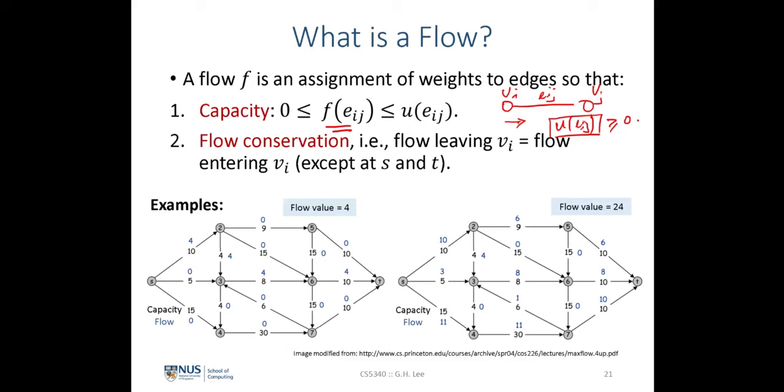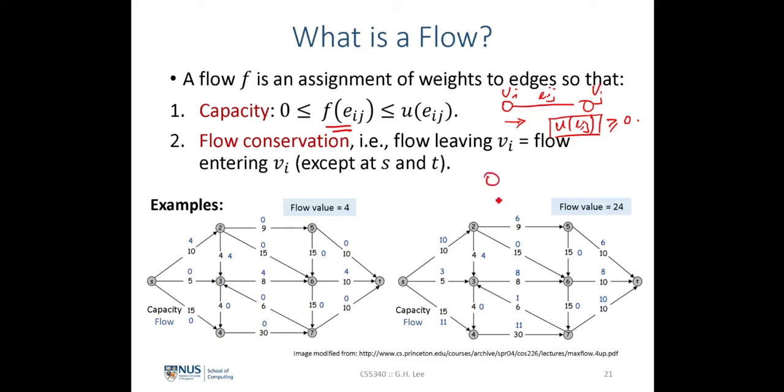Another important characteristic of the flow is that it must follow what we call flow conservation. This means that all the flow entering a certain node must exit that node in order for flow conservation to be preserved.